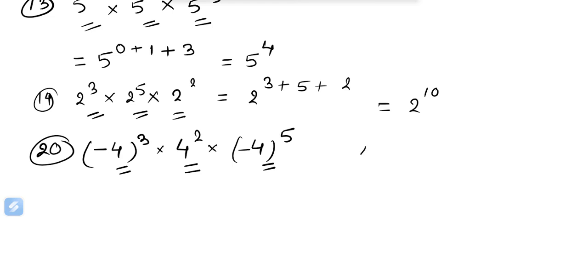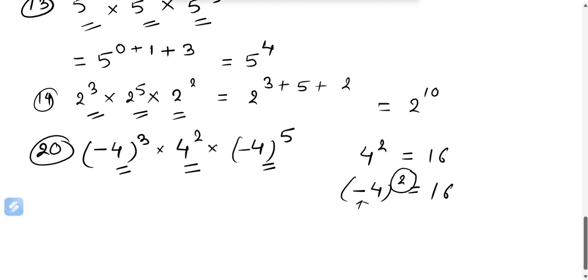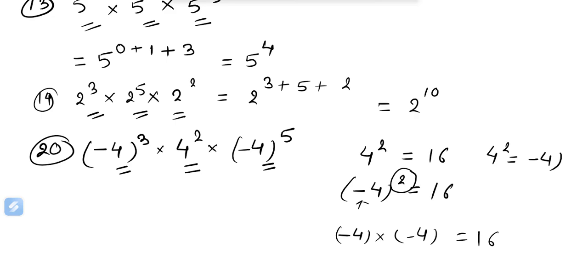Now 4 square is equal to 16, or you can write minus 4 square is equal to 16. So when there is negative sign, the negative sign changed into positive because of a square, right? Because minus 4 times minus 4 is plus 16. That simply means you can write 4 square as minus 4 whole square.